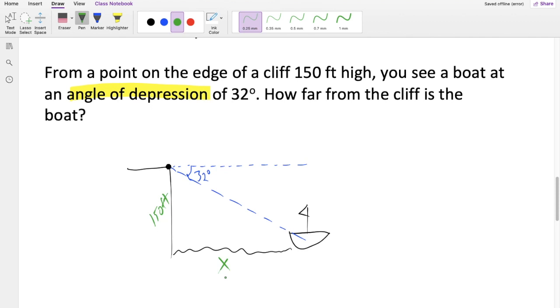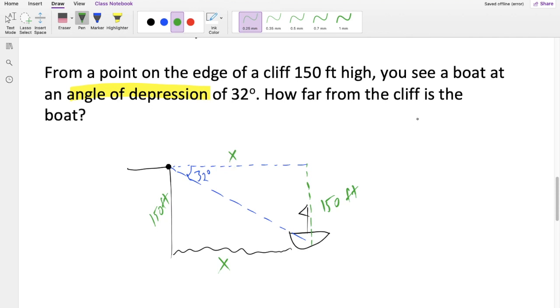I need to be able to figure out and solve at least one of these triangles. There's a couple things that we can change with these triangles. If I were to box this triangle over here, it's also going to be the same height of 150 because I am basically making a rectangle. That means that this distance is also x.